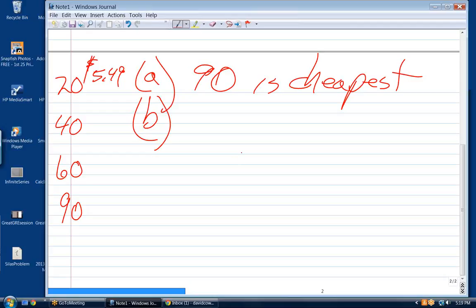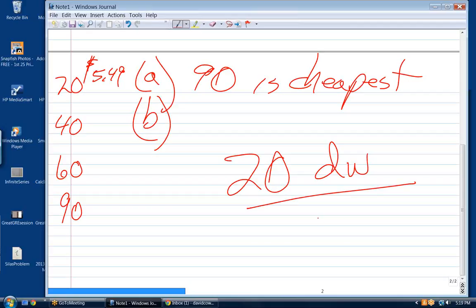Okay. So we have 20 dishwasher packs per $5.49. So how are we going to figure out what one sells for? What do we want to end up with? We want to end up with, in the numerator, 1 DW.